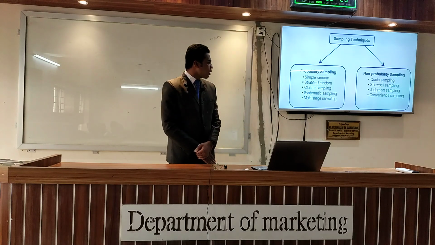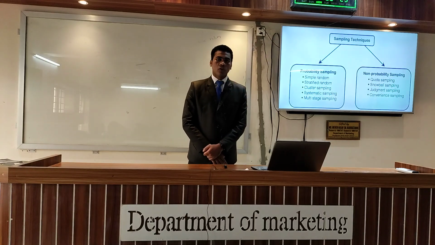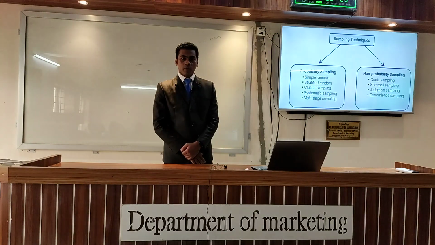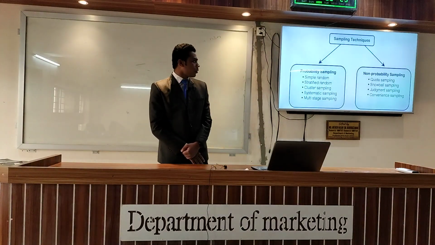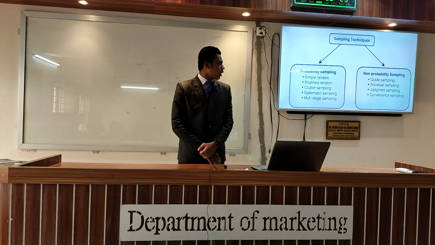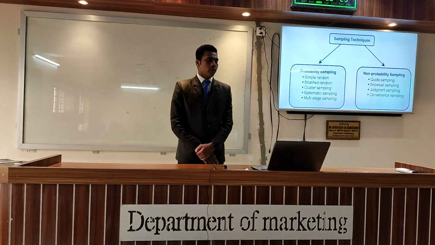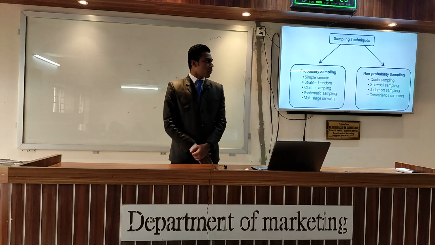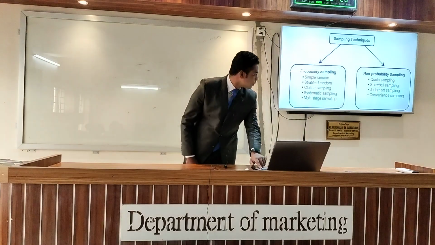And the last one is convenience sampling. Actually, convenience sampling is one type of non-probability sampling. By this way, the researcher collects the information with a special criteria. And the main criteria are the proper place and the proper time. By this way, the researcher collects the information for the sample.